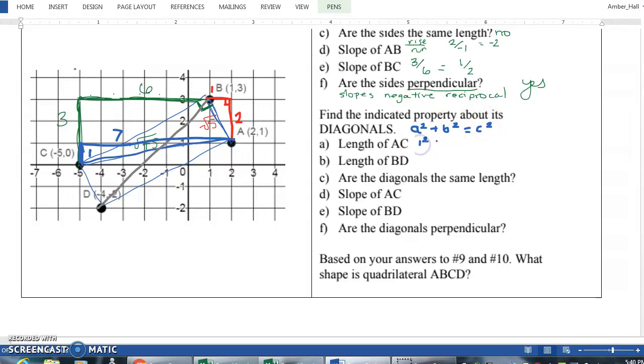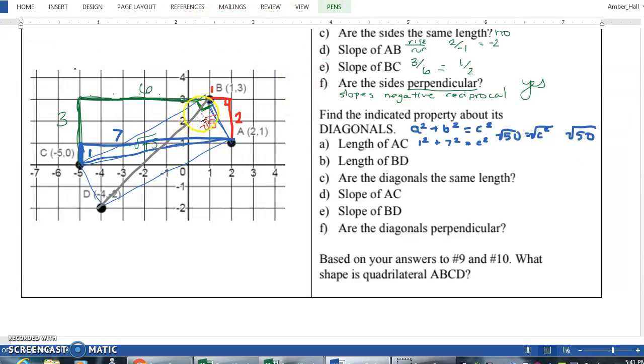So it'll be 1 squared plus 7 squared equals C squared. 1 squared is 1, 7 squared is 49. 1 plus 49 is 50 equals C squared. Square root to get rid of the squared. And C, or the length of AC, is the square root of 50. And I'm just going to leave it as a radical.